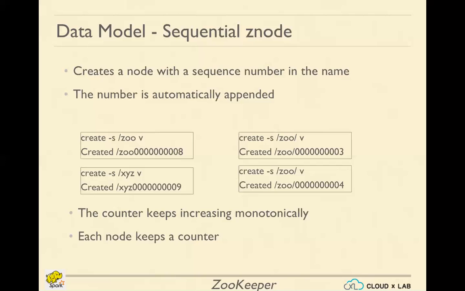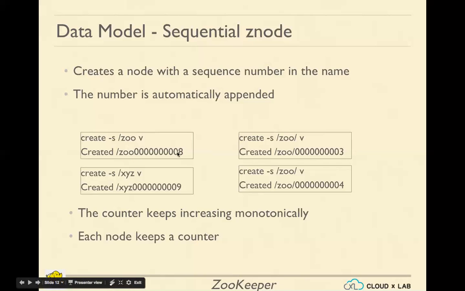Say for example, to create a sequential node, we have to say create -s and then the name of the node followed by the data, right? It will not create /zoo. Instead, it'll create /zoo appended by a number.